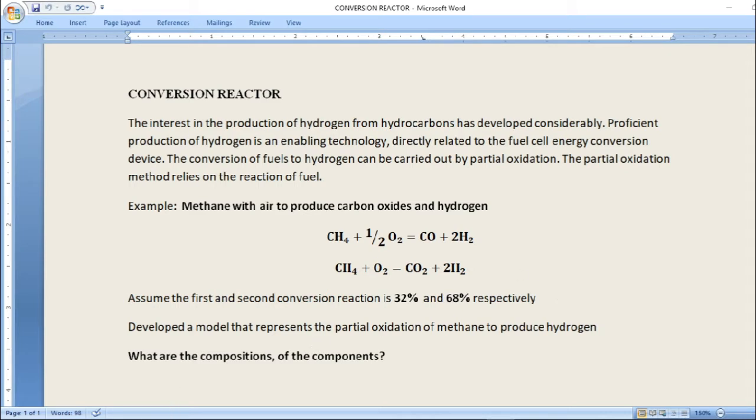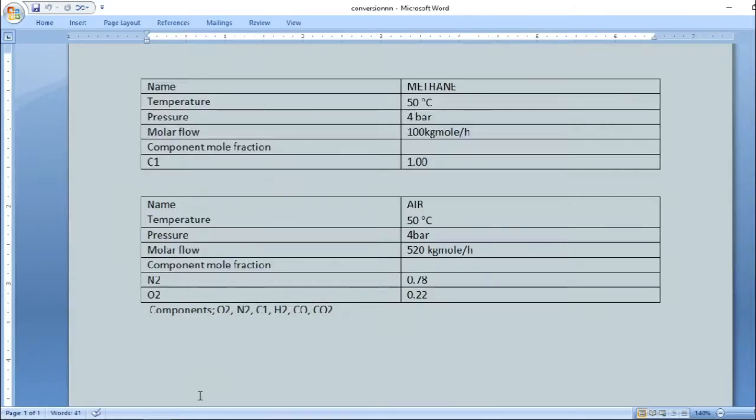So the other part of the question, where the data is located: initially I have two streams. The first stream is methane, the second stream is air. The first stream has a temperature of 50 degrees Celsius, a pressure of 4 bar and a molar flow rate of 100 kg mole per hour with a component mole fraction of 100%.